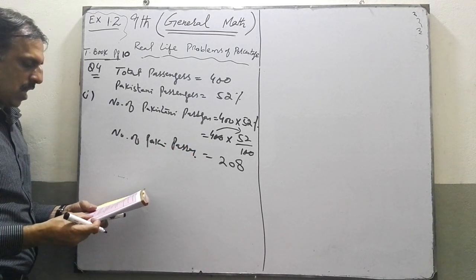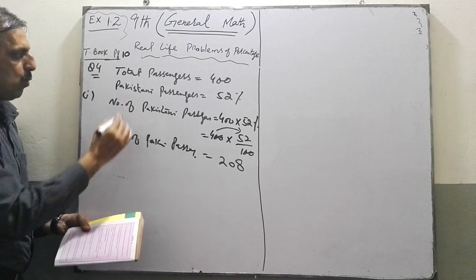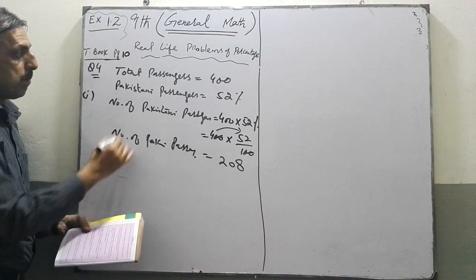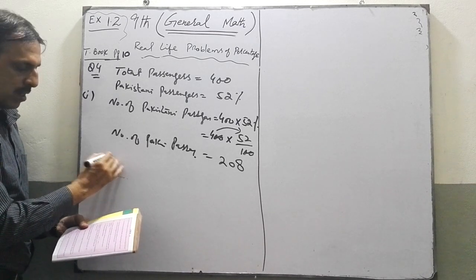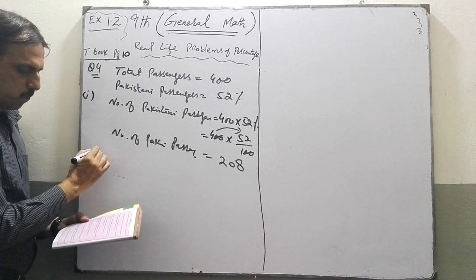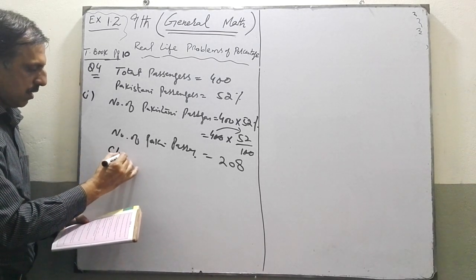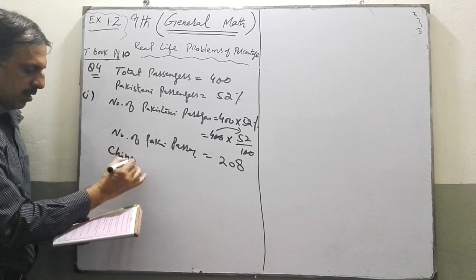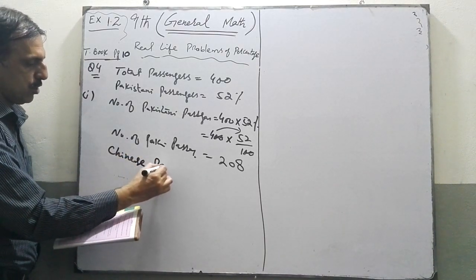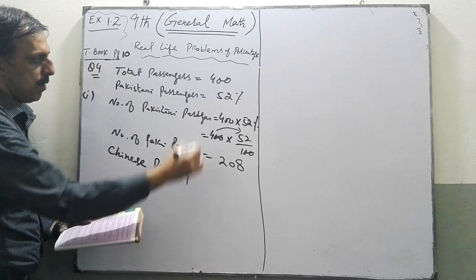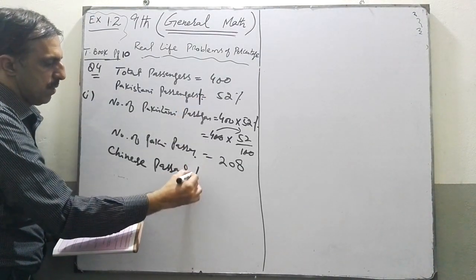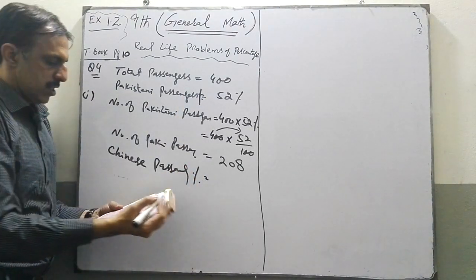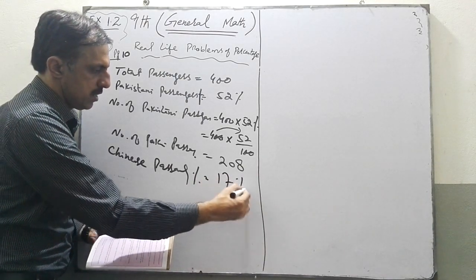Now other citizens are 17% Chinese. We will write the same wording, Pakistani passenger. Now number 2 is Chinese passengers. Chinese passengers percentage is 17%.